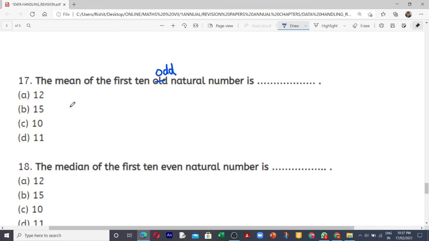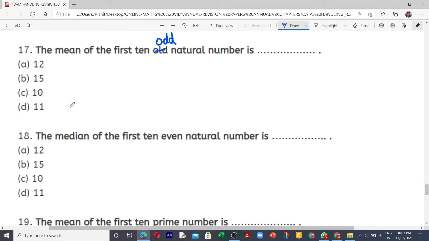Now, same question. The median of first 10 even natural numbers. Even natural numbers. There it was odd natural numbers. Now it is even natural numbers. So what is the median of first 10 even natural numbers? So this will be, start from 2, then 4, then 6. You know it very well.